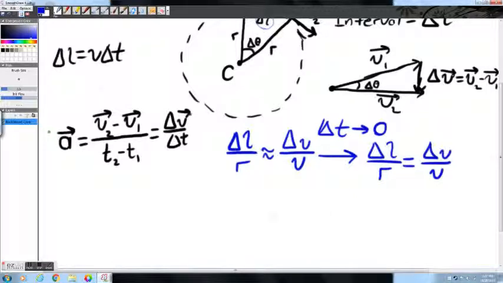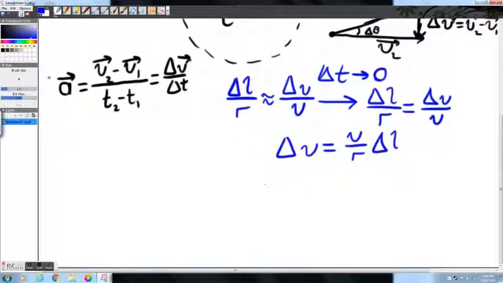So what we need to do is solve for delta v. And we're going to use this formula to find a formula for our inward acceleration. So when we divide both sides by delta t, we get a, and we label this a_r, or radial acceleration.